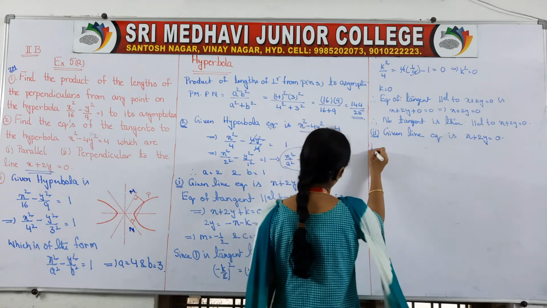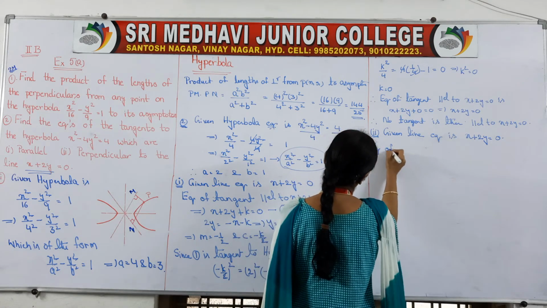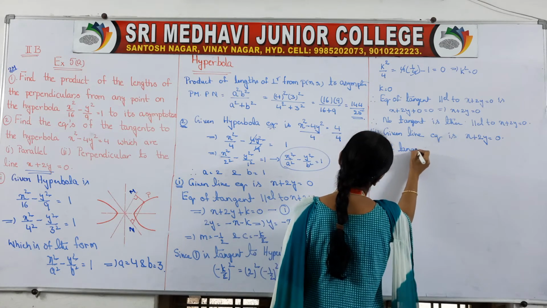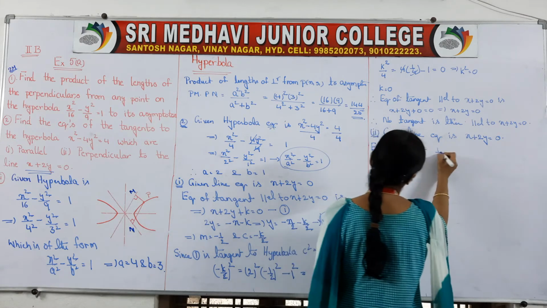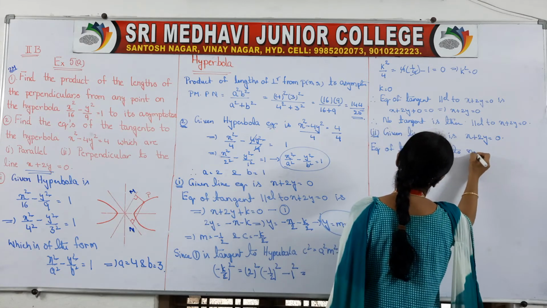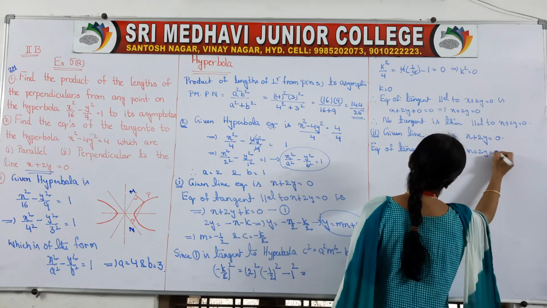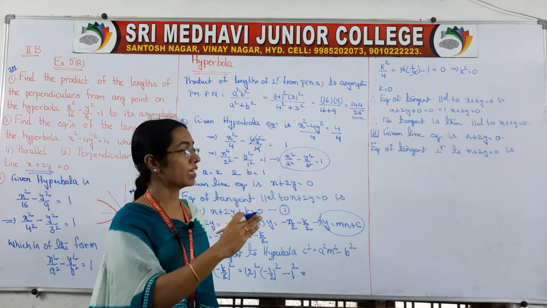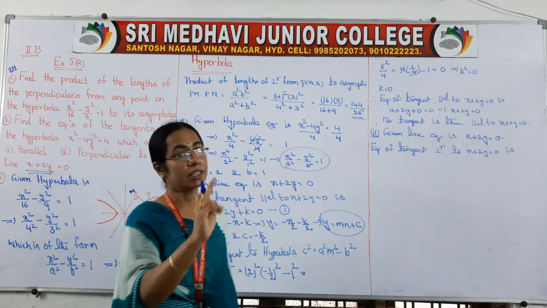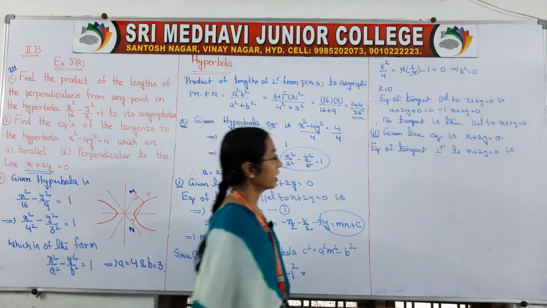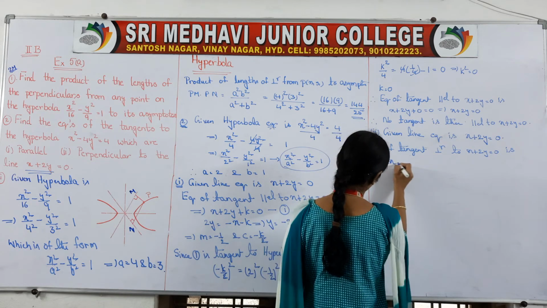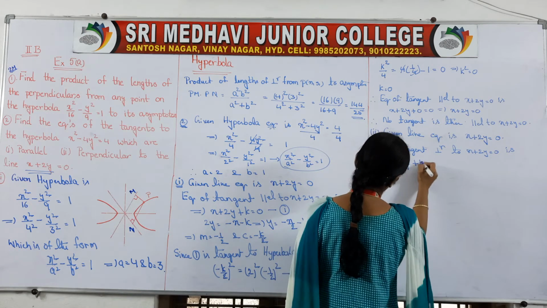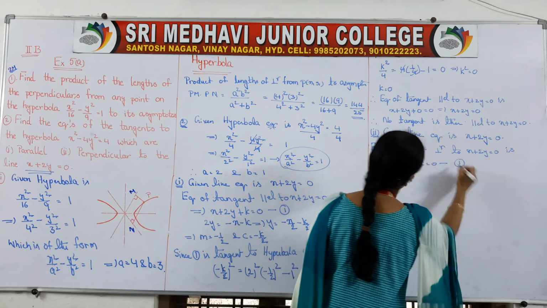So the equation of a tangent perpendicular to x plus 2y is equal to 0: the x coefficient goes to y, the y coefficient goes to x, and in the middle we get a minus sign. So it is 2x minus y plus k is equal to 0.